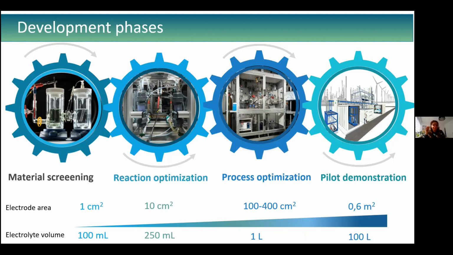This last scale-up development will also comprise the upgrading of the electrolyzer from a single cell to a stack, and this stack will have 15 cell units. In a couple of slides, I will give more information about these bench scale skids, their functionalities, and also the pilot installation.